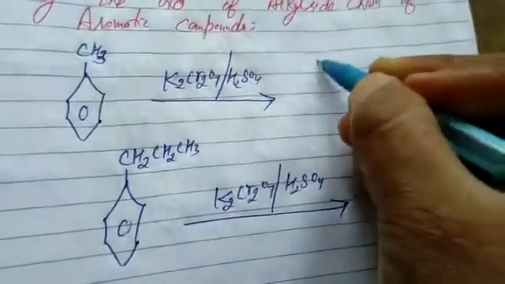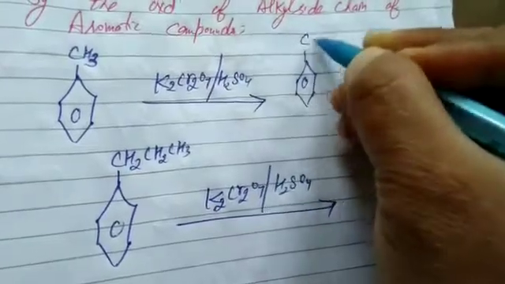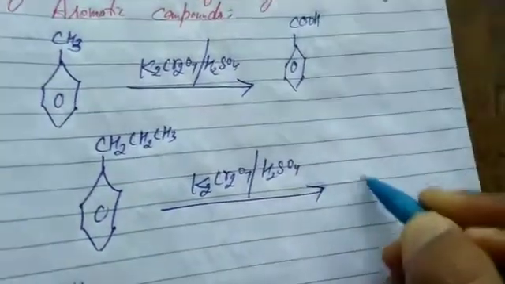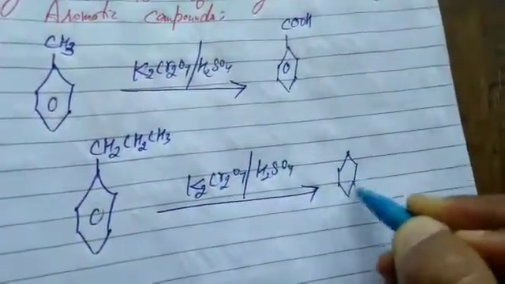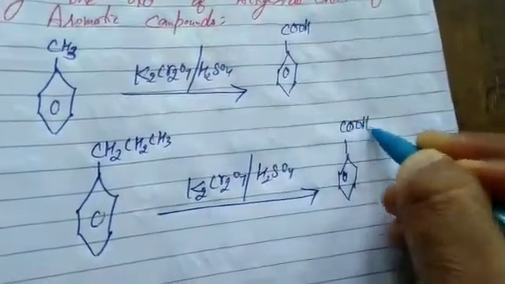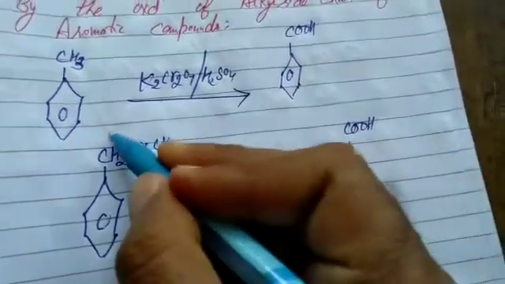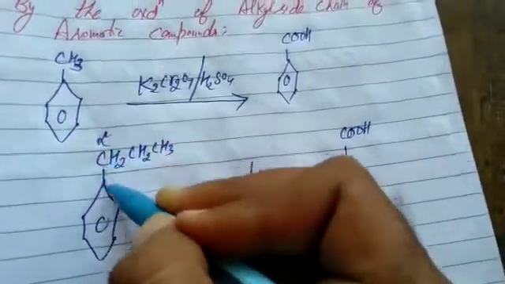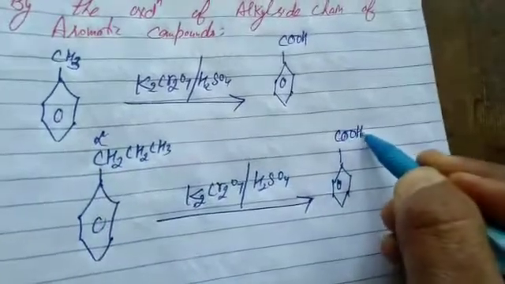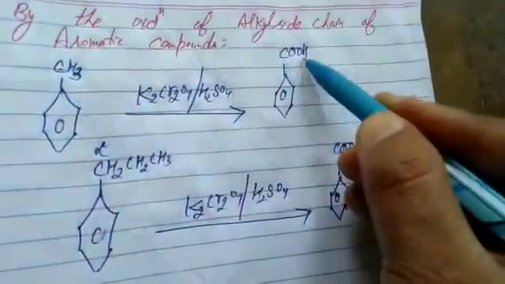We always get benzoic acid as the product when a monosubstituted alkyl side chain is present. That's the key point. It means the benzylic carbon, the alpha carbon linked with benzene, is oxidized to COOH.